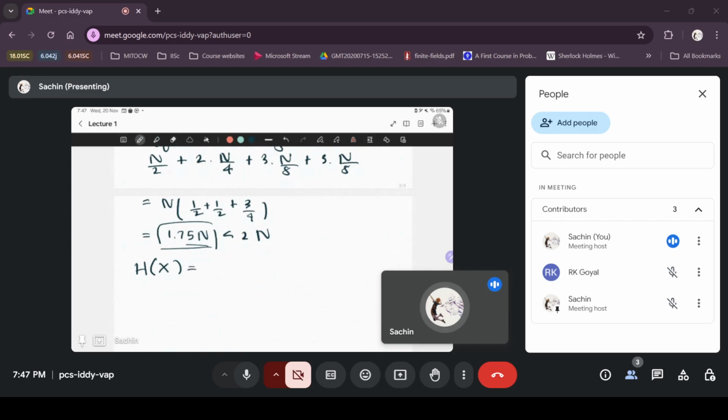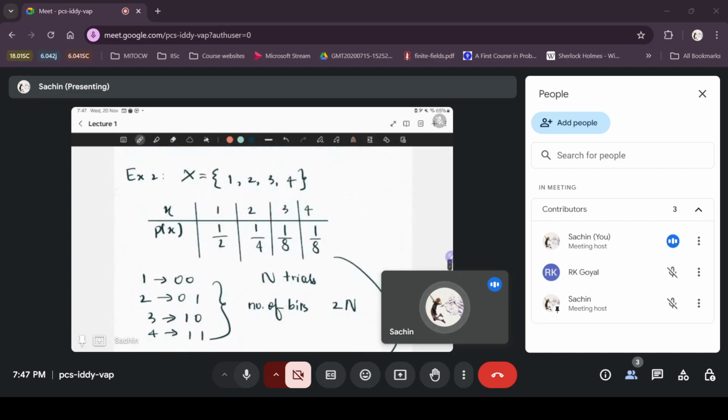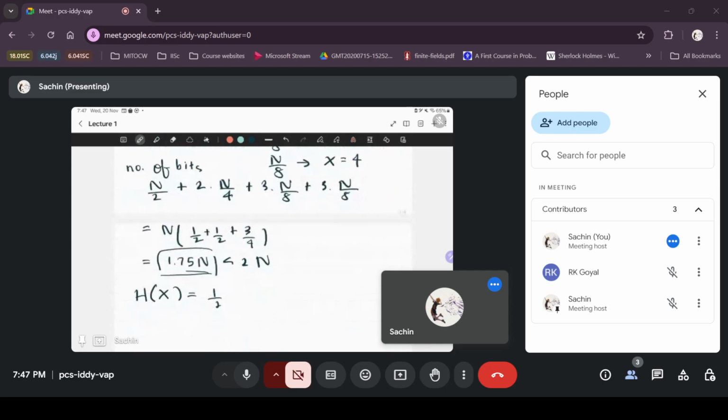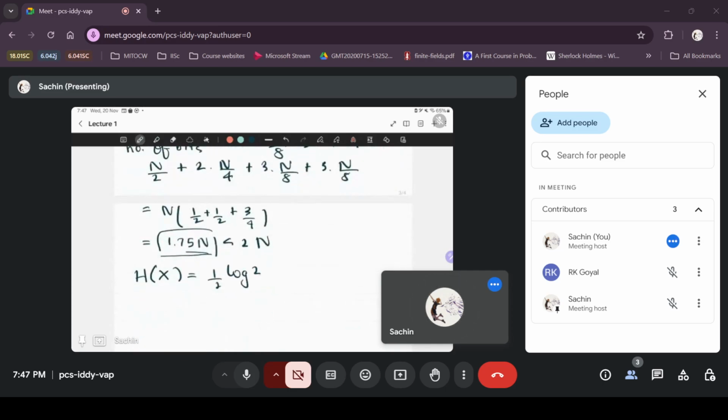The entropy in this example will be half log 2. I won't write the base. Most of the course we'll be using base 2. And 1 over 4 log 4 plus 1 over 8 log 8 plus 1 over 8 log 8.